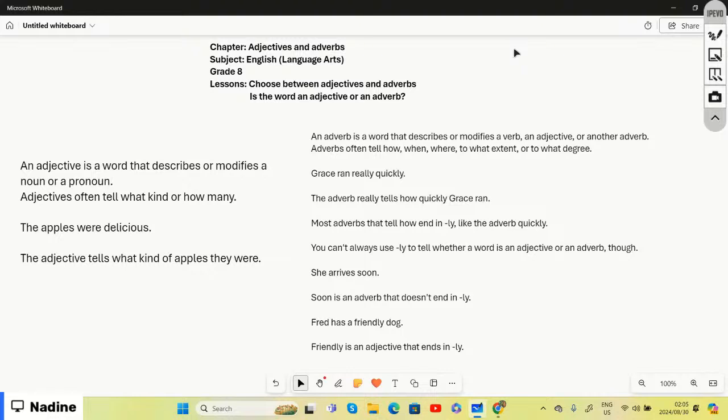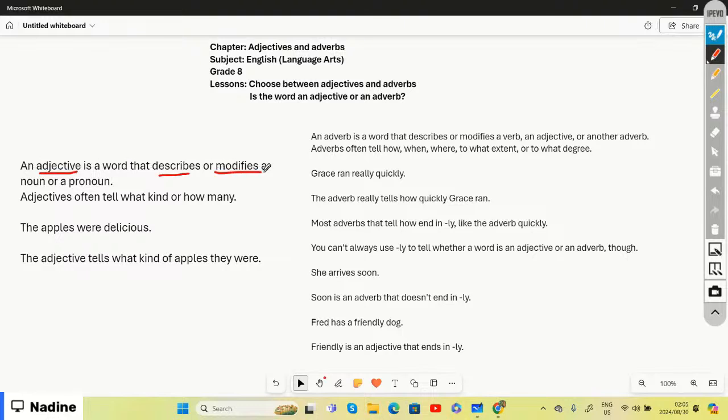So an adjective is a word that either describes or modifies a noun, or it modifies or describes a pronoun.